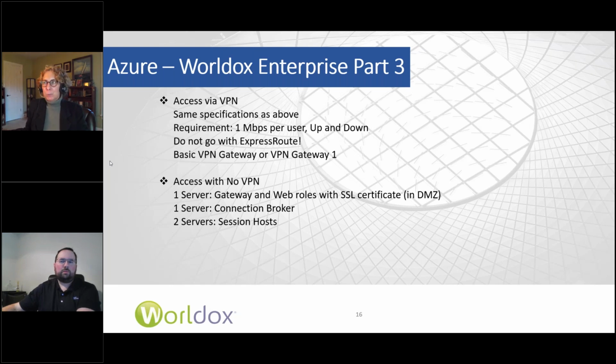But again, if you have other resources that are going to be going through that VPN gateway, then you might want to factor that in when you're making your decision, because I'm just addressing the Worldox part of this equation here. And you may well have other components that you're running through there.